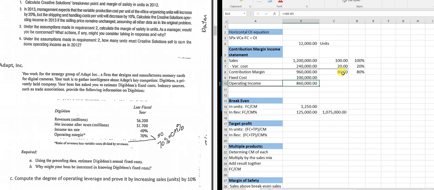Alternatively, if you have a firm that has a high level of fixed costs, okay, so even this way right here, let's make it very, very low. Let's make it $1,000 of fixed costs, okay? And let's say that my variable costs are $95. Okay, even though I'm not making very much on each product, I don't have much fixed costs, so there's low risk.